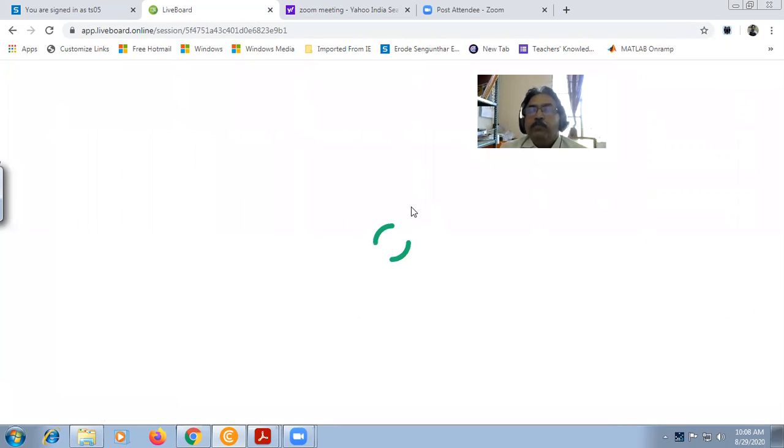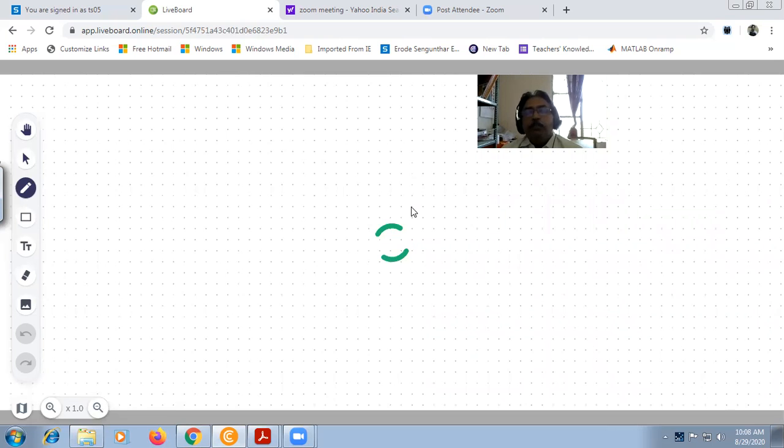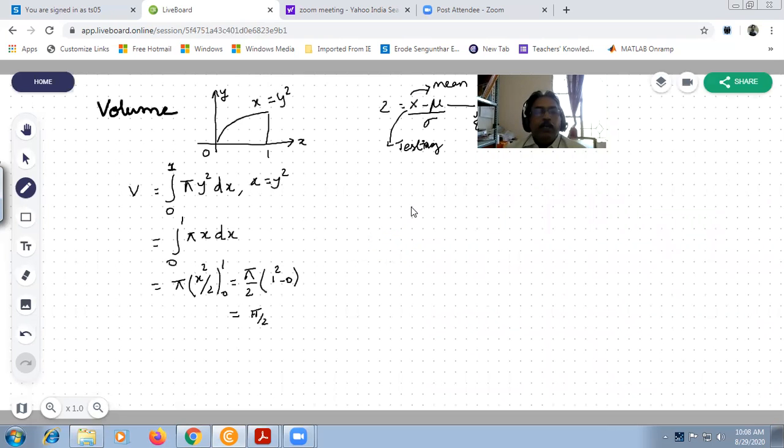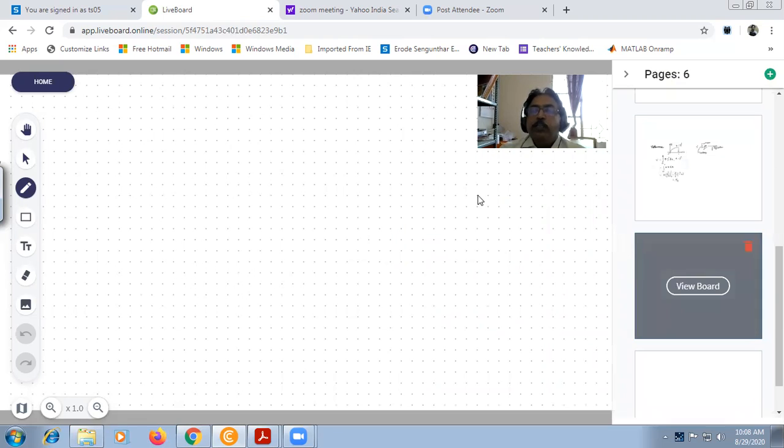Roche's theorem: whenever simultaneous equations are given, you find the rank of the augmented matrix. You create an augmented matrix and find the value with respect to the rank.